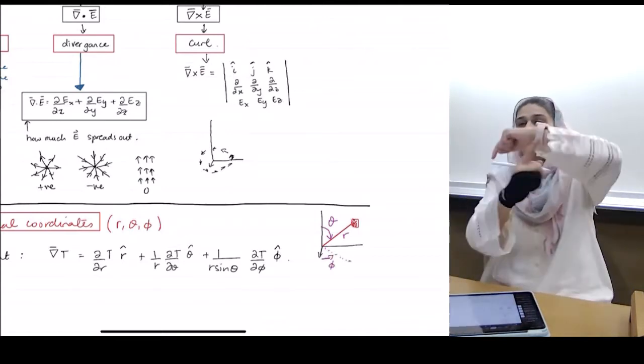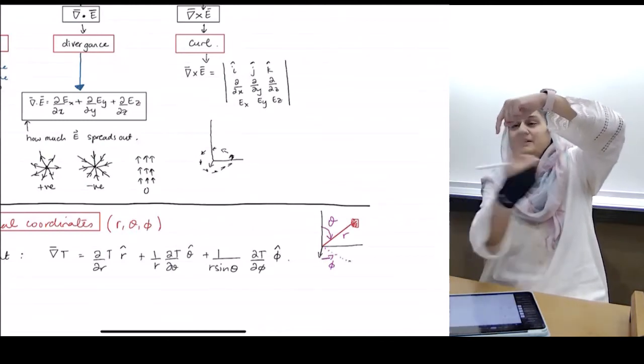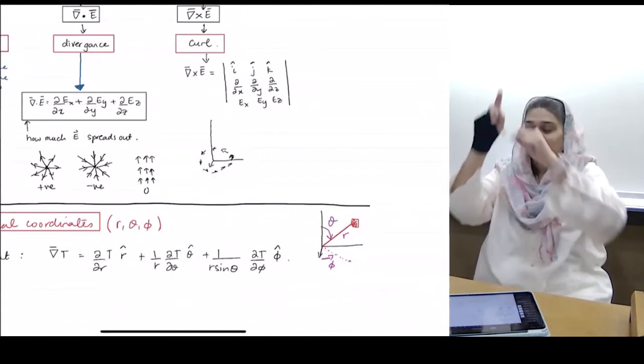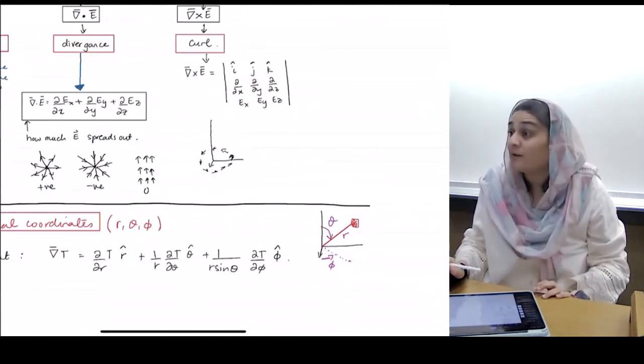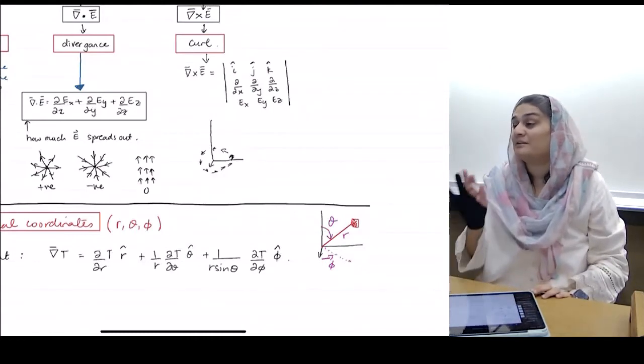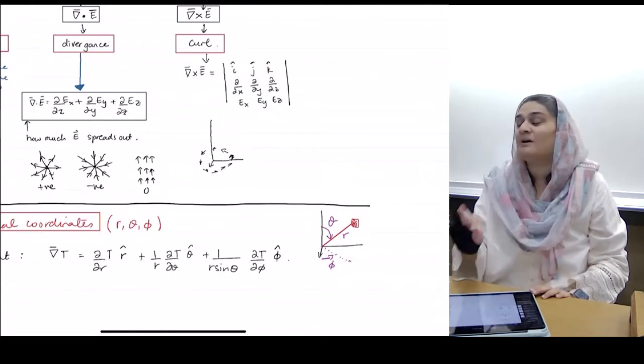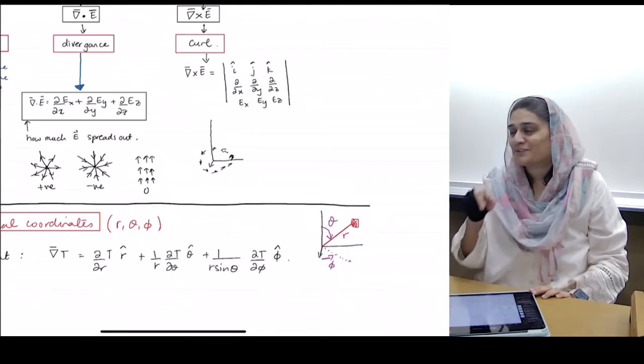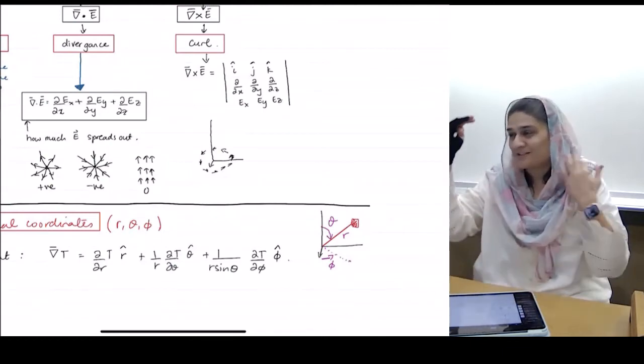Just reminding ourselves, right? Phi is the sweep angle. Theta is how much it comes down. We spent the entire chapter 1 of Newtonian talking about this, so they're all in the videos. You can watch them in detail.